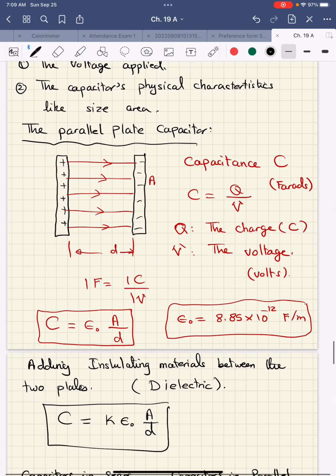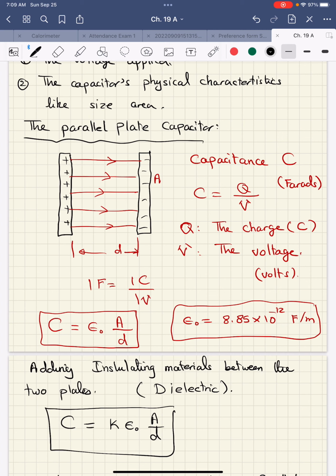For example, when I have a parallel plate capacitor, it is just like two plates. One of them is positive, one of them is negative. They have equal charges, but they are opposite. And we can calculate the capacitance. This is a general formula for any capacitor, not only for parallel plate.